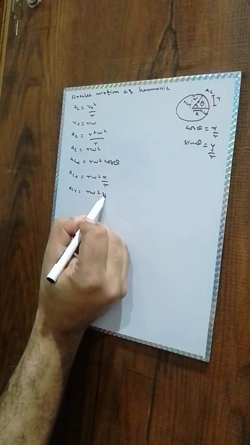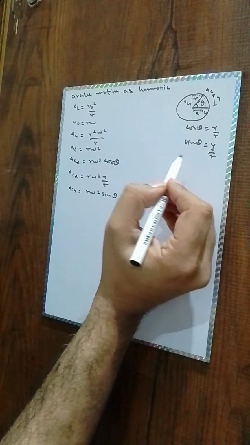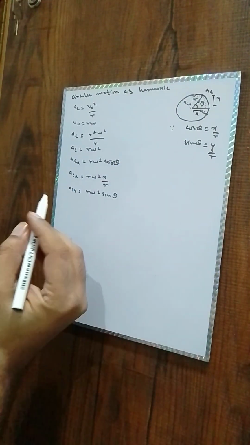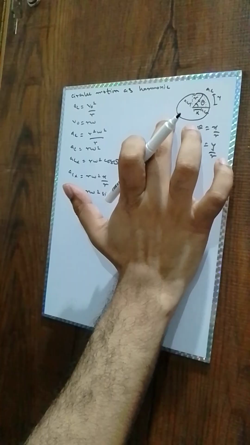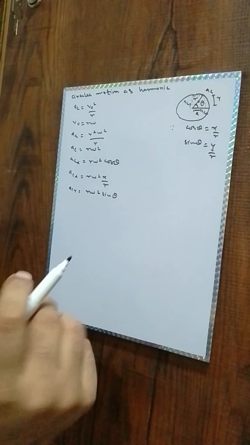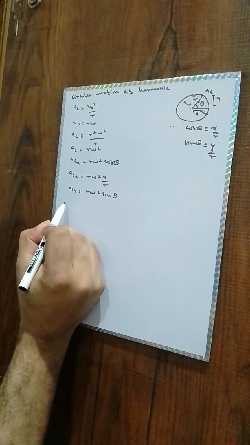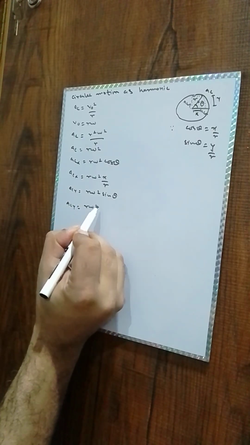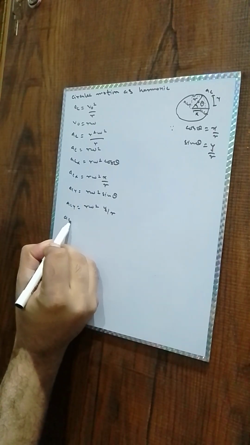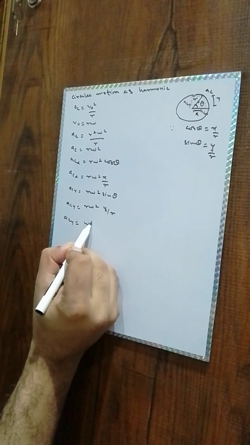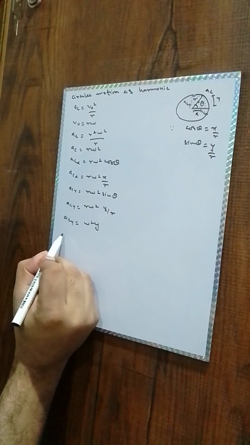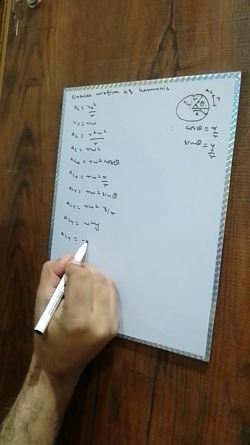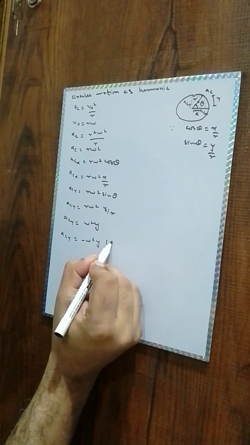ACY is equal to r omega square sine theta, and sine theta, as we know from the approximation, is y by r. So ACY is equal to r omega square y by r. So ACY would be omega square y, and if we introduce the sign convention, ACY would be minus omega square y.